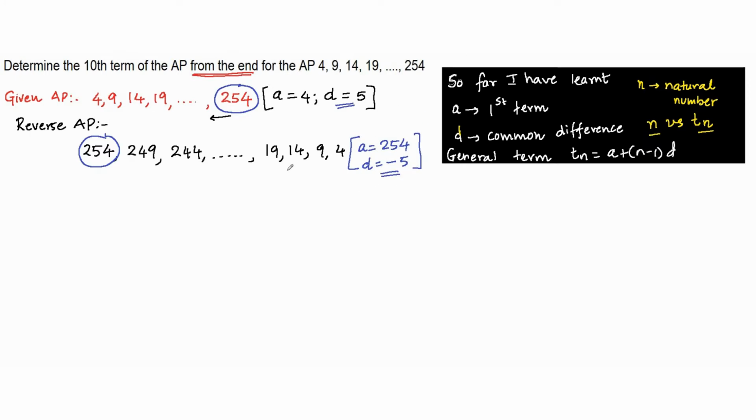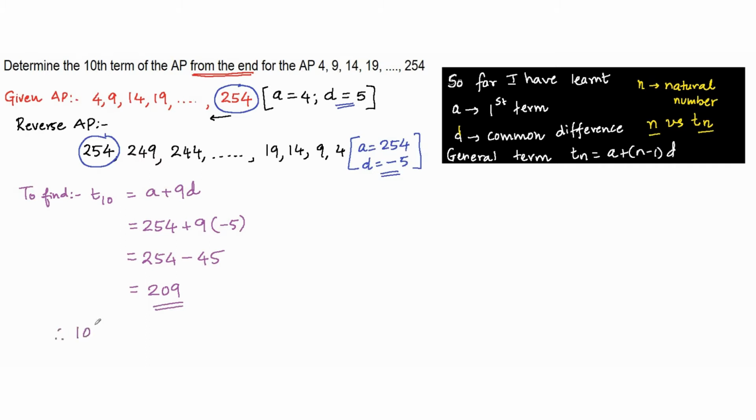So this is how I can flip the given terms, and now I have to find T10. So T10 basically will be given by A plus 9 times D. Now A is equal to 254 plus 9 times D is minus 5, and therefore this is 254 minus 45.